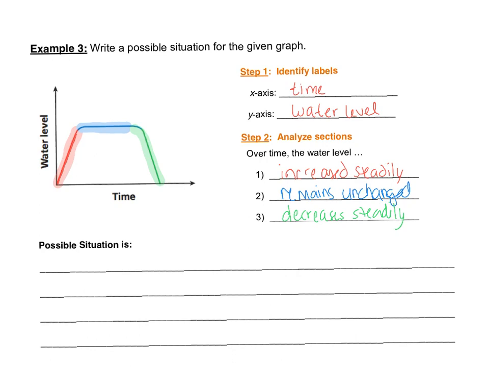And so my possible situation, I could say something like: a watering can is filled with water. It sits for a while until some flowers are planted. The water is then emptied on top of the planted flowers. And so that makes sense for what's happening in this continuous graph that we see here.